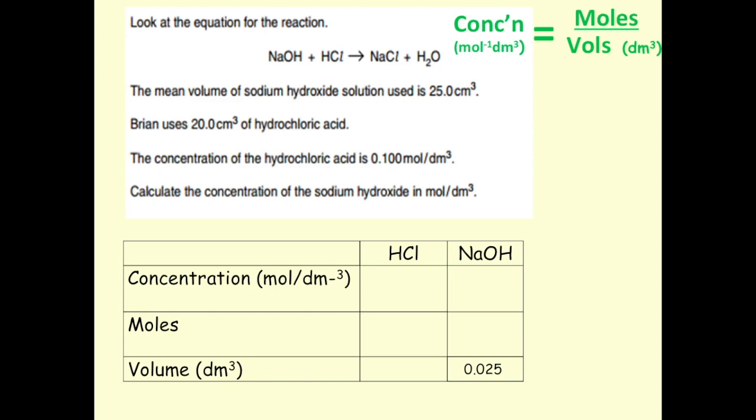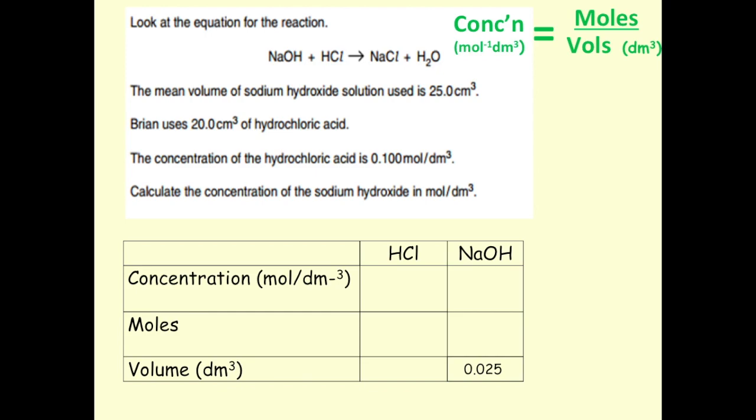So you're just going to have to convert it into decimeters cubed, which is 10 centimeters times 10 centimeters times 10 centimeters, which means that the conversion between decimeters and centimeters is to divide by 1,000. If you want to do it the other way around, you have to times it by 1,000. So I've basically just divided 25 centimeters by 1,000 in my head to give 0.025.